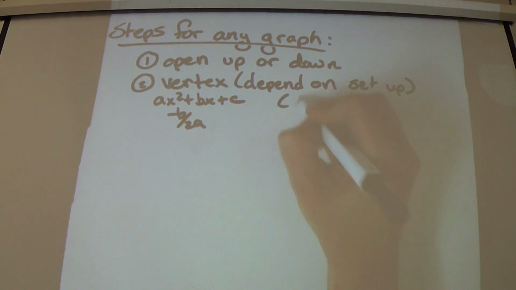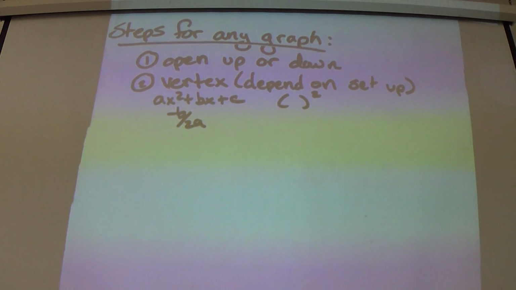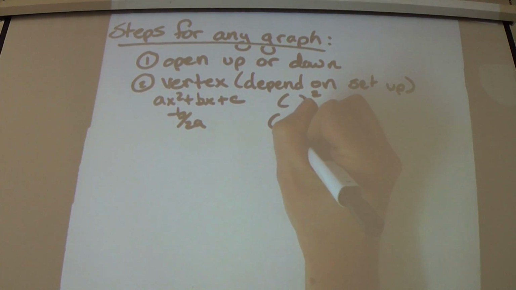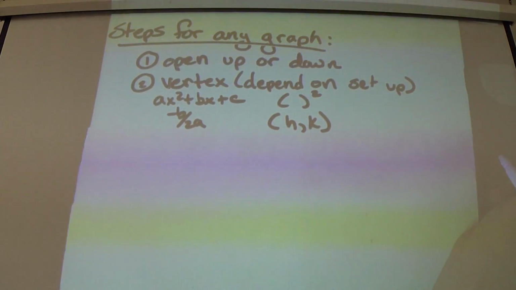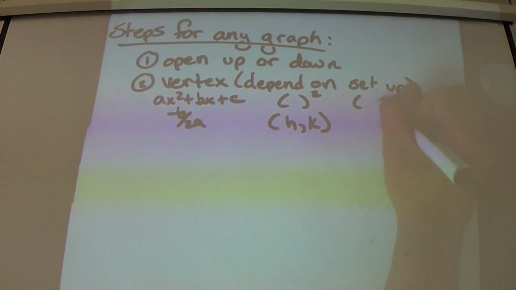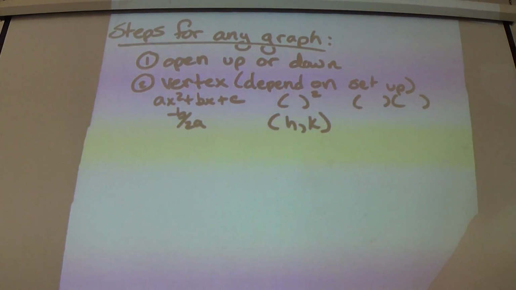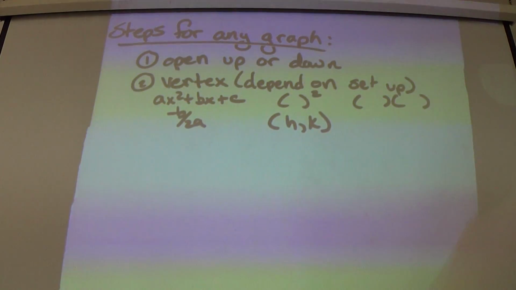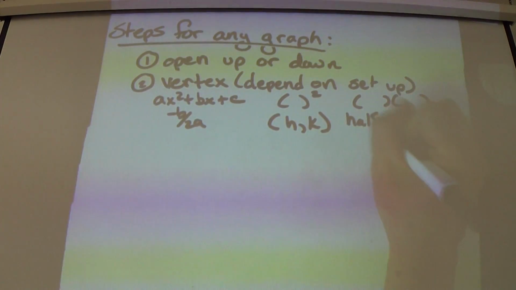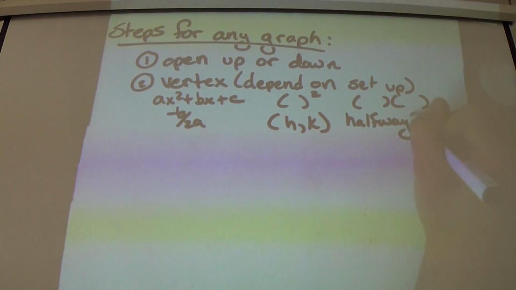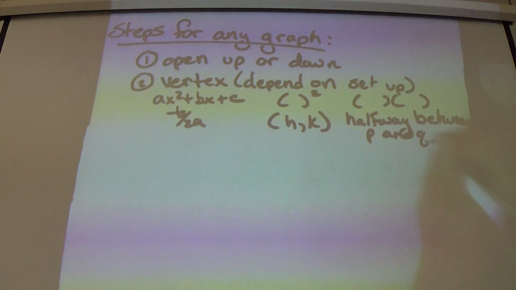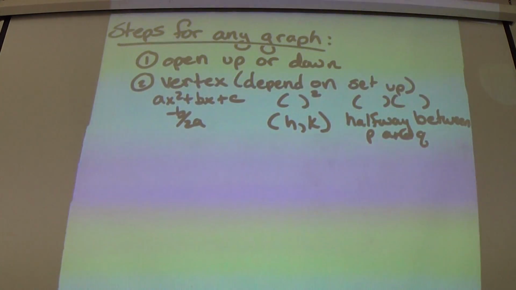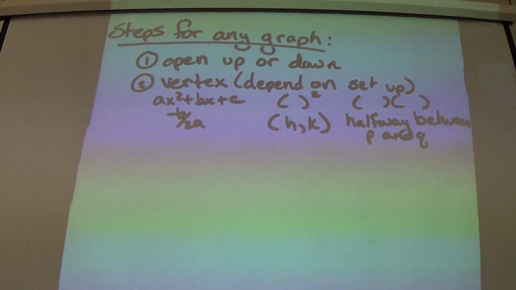If you have that little parenthesis squared, well then your vertex is being shown as the h comma k. And then if you have those two parentheses that are being multiplied together, then your vertex is halfway between p and q. So that's kind of tying together everything that we've done up until this point.